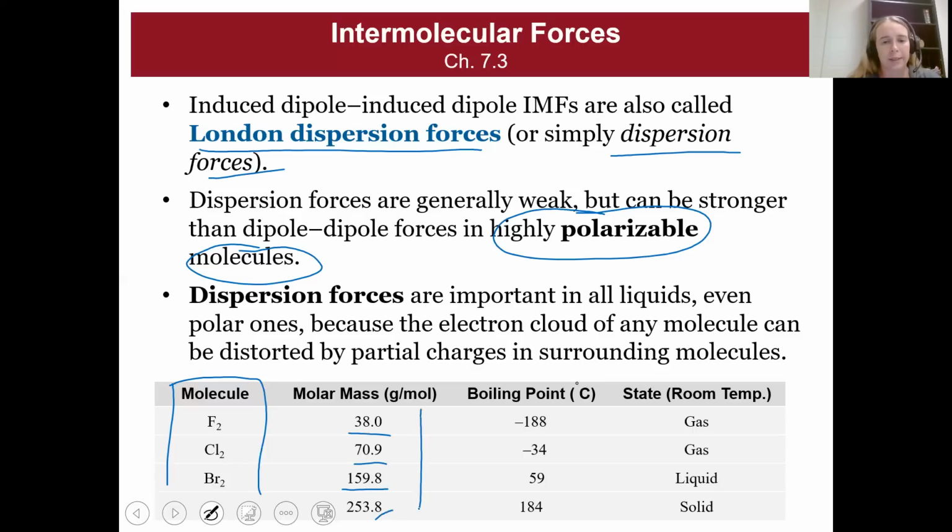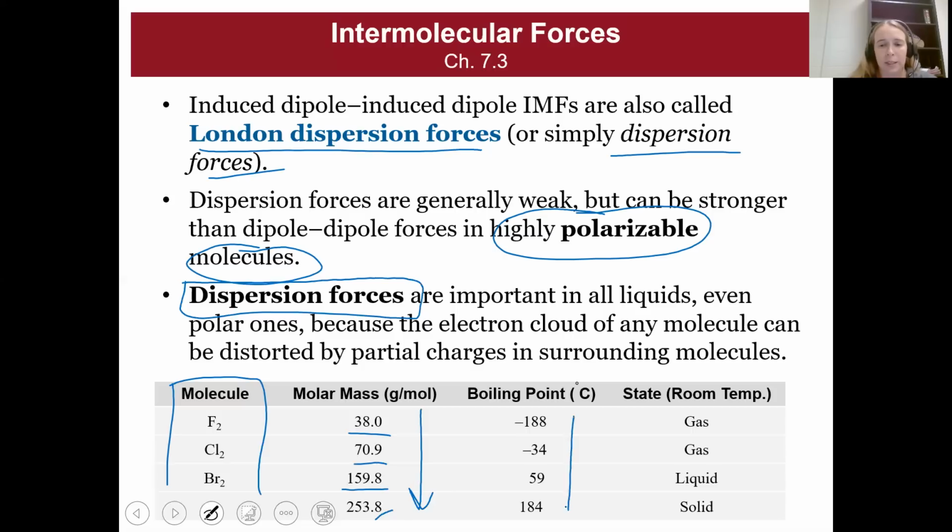We're increasing in molar mass, so we're increasing in size, so we're getting more polarizable. Remember, when we increase in molar mass or molecular size, we're increasing the polarizability. When we get more polarizable, that makes the dispersion forces stronger. So we get stronger dispersion forces, and like with the dipole-dipole forces, we have stronger forces.